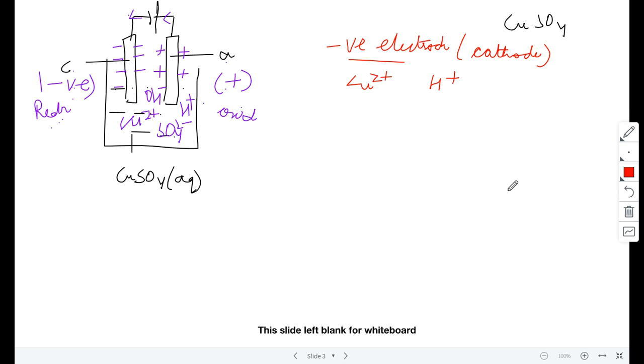Whenever the metal ions or H positive ions are present, the metal ion stays in the solution if the metal is more reactive than the hydrogen. That means whatever is more reactive out of these two has to stay. Now if you remember, we did reactivity series also, reactivity of metals. I think you have forgotten. Should I repeat it again?